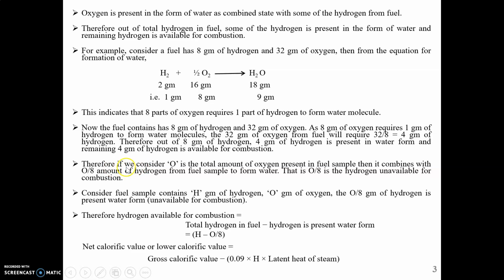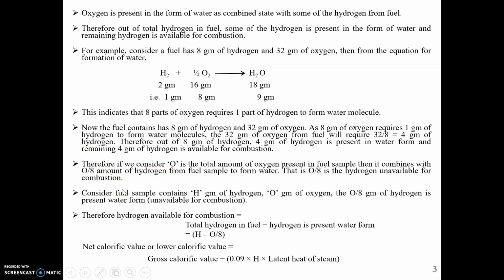Therefore, for generalization, if we consider O is the total amount of oxygen present in fuel sample, then it will combine with O/8 gram of hydrogen from fuel to form water. That is, O/8 is the hydrogen unavailable for combustion because this amount of hydrogen is present in water form.